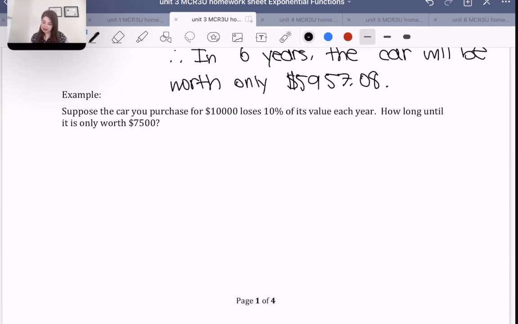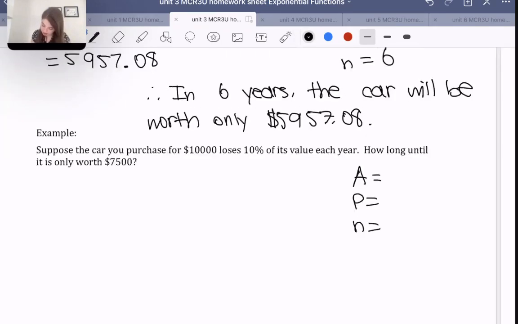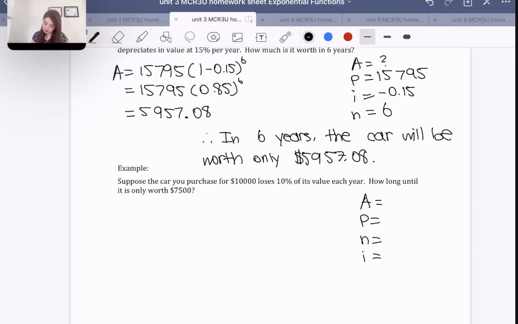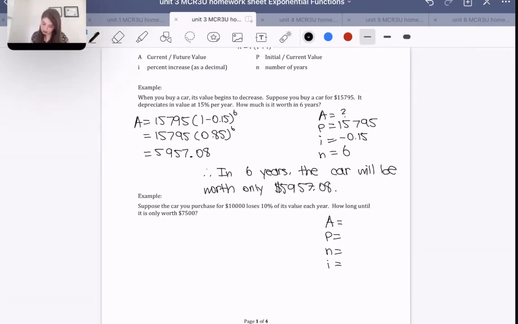Okay, so let's find out what are A, P, N, and what was the last one? I. There we go. Okay, so A is our current or future. In this case, we purchase something today and in the future it's worth something else.